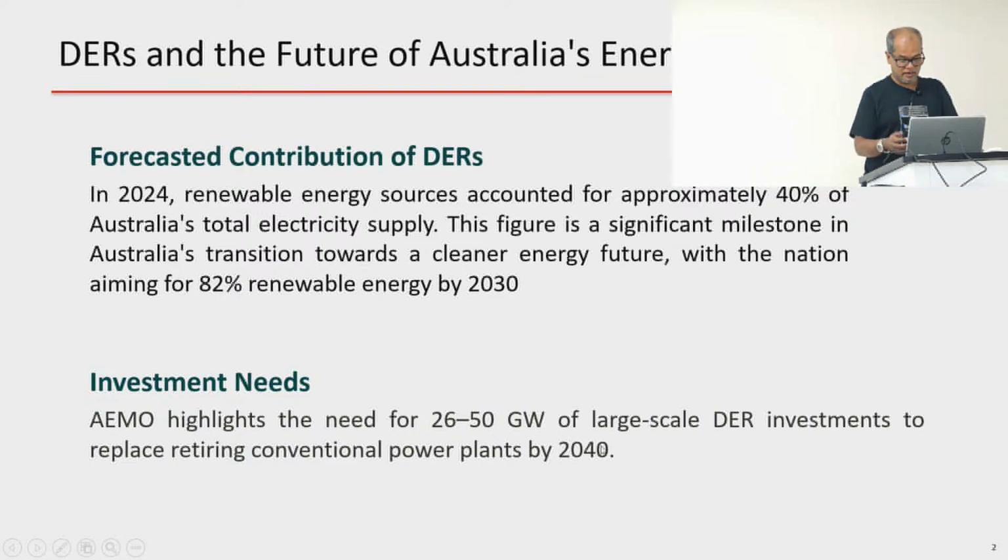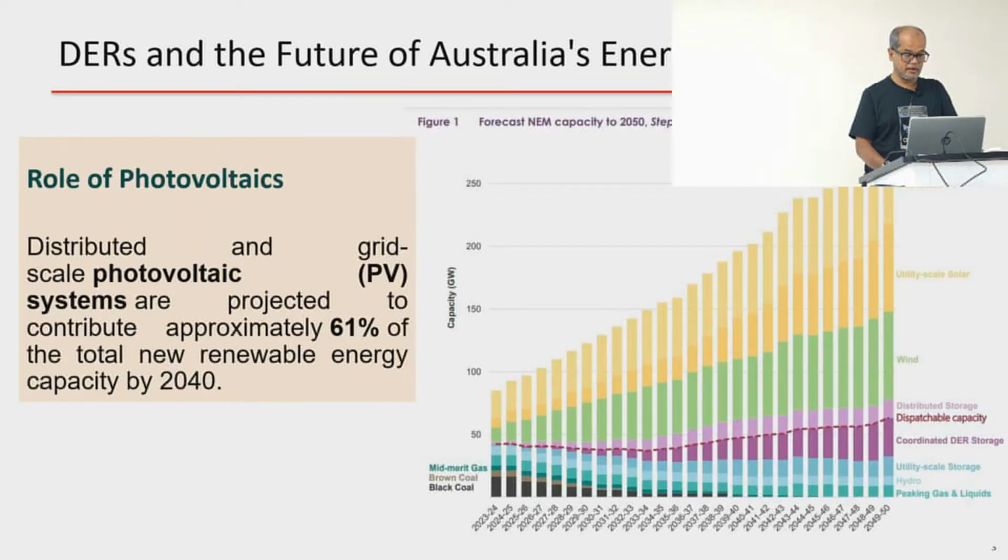So there are so many new projects going on in this area, and the most dominant renewable technology in Australia is mainly the photovoltaic system. There is a prediction that by 2040 in Australia, 60% of the total power is going to come from photovoltaic systems.